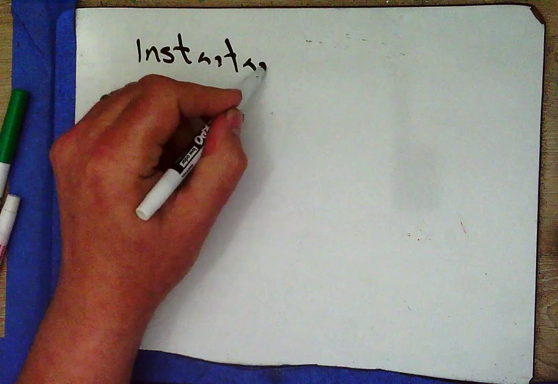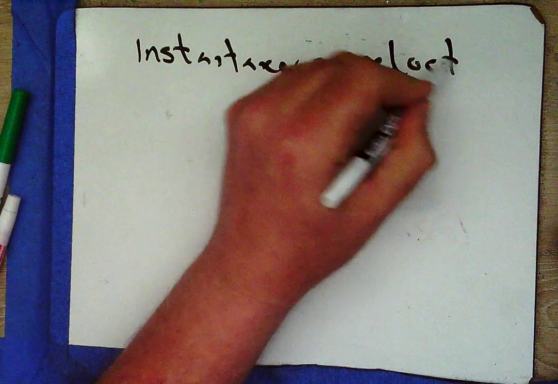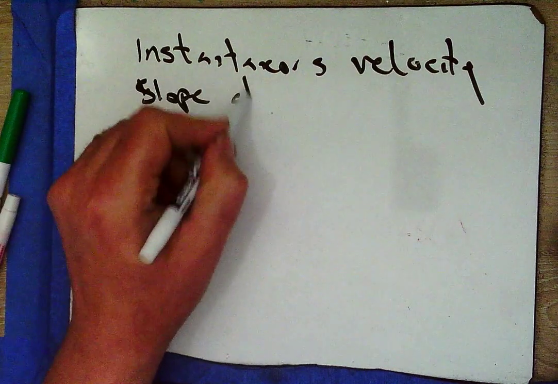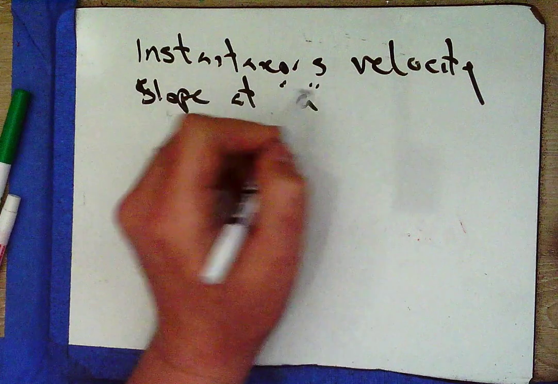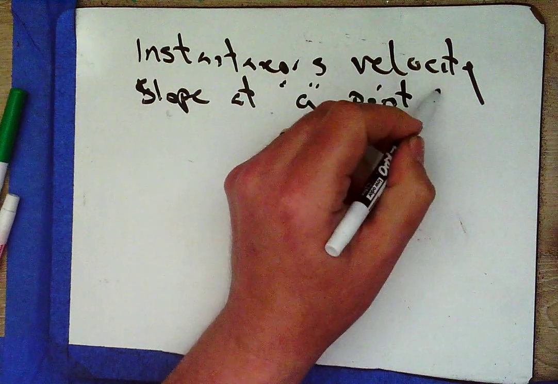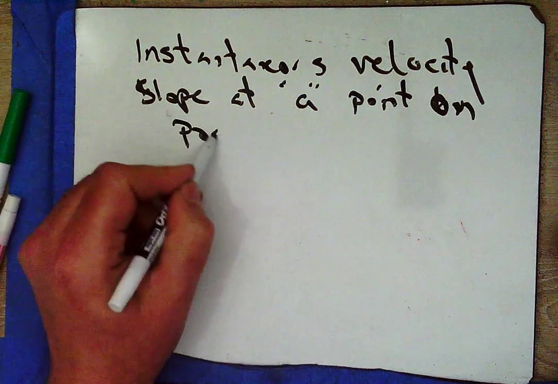What about instantaneous velocity? Well, we said instantaneous velocity would be the slope at a point, not on velocity, but on position.